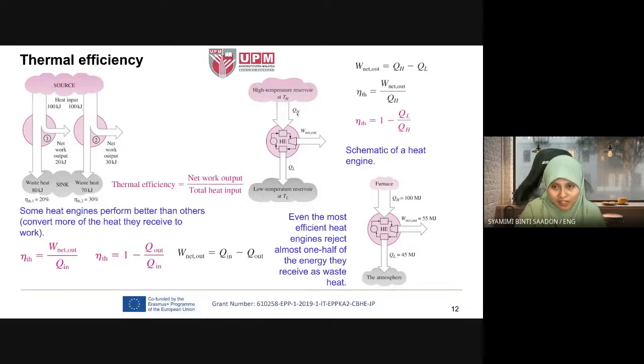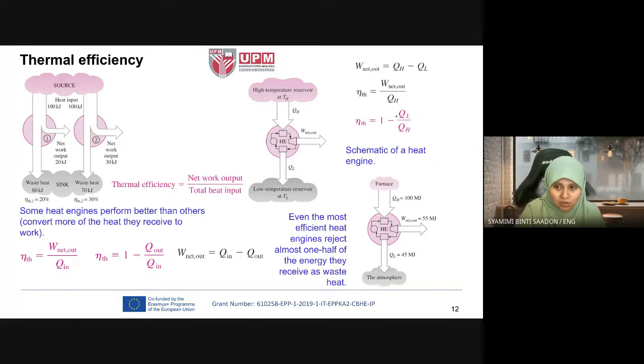Okay, sometimes we write it that the heat source is from the higher temperature reservoir, which we write as QH, and the heat sink is the lower temperature reservoir, so we write it as QL. The lower temperature reservoir has a temperature TL, T low. So the heat rejected is defined as QL.